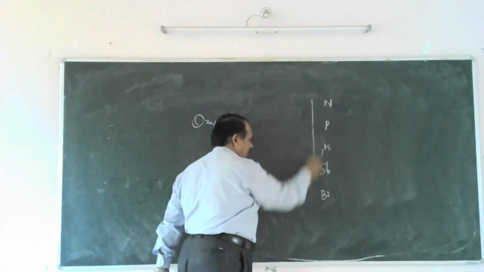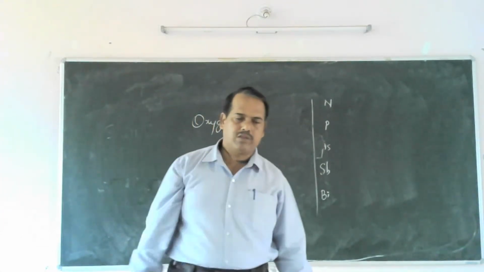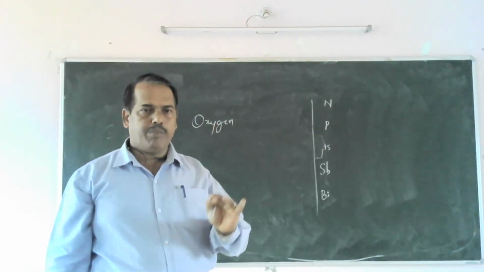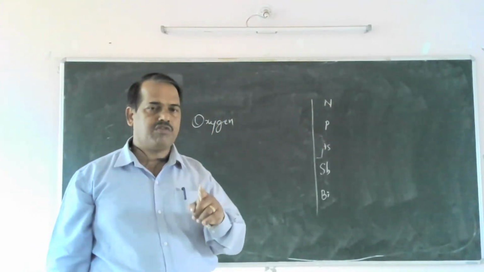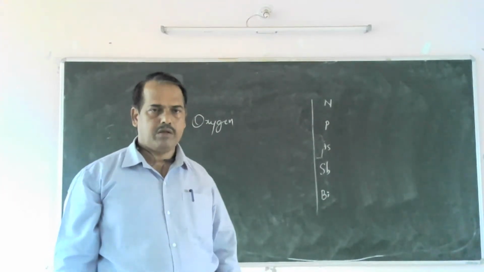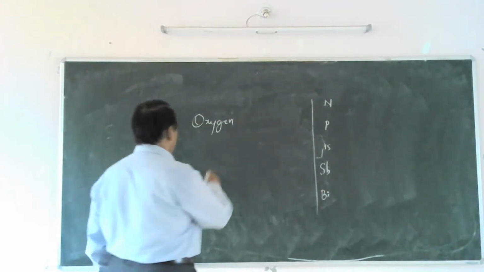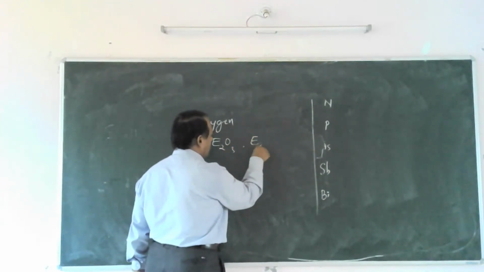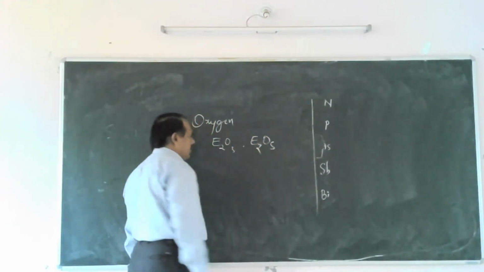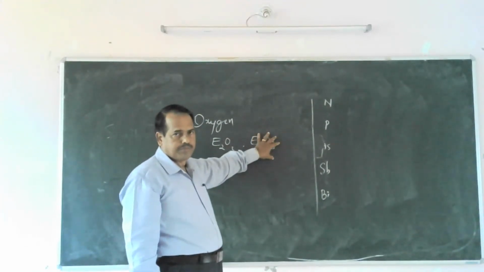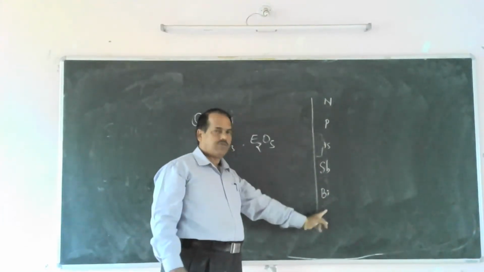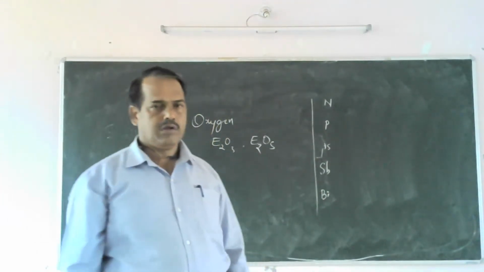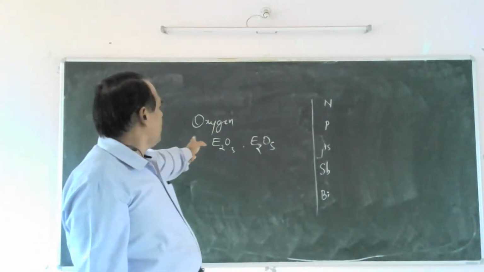How do these group 15 elements react with oxygen? Group 15 elements react with oxygen and form two types of oxides. Those are of type E2O3 and E2O5, trioxides and pentoxides, where E is any element of group 15.